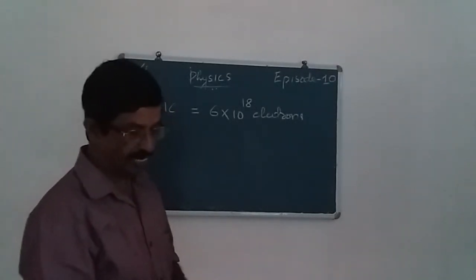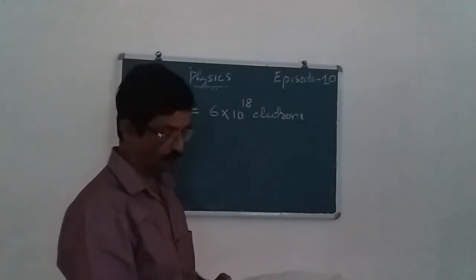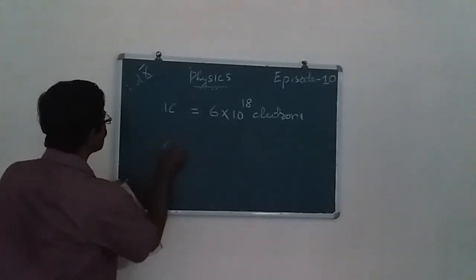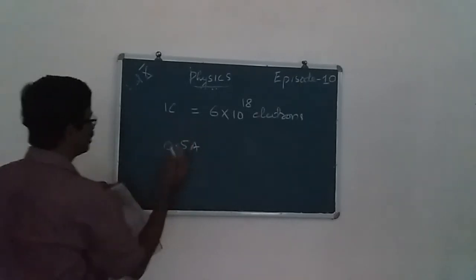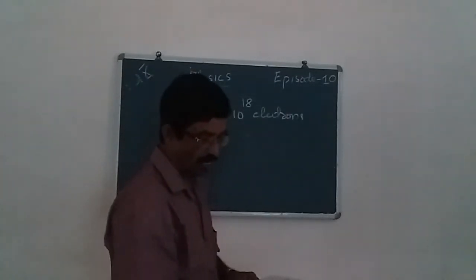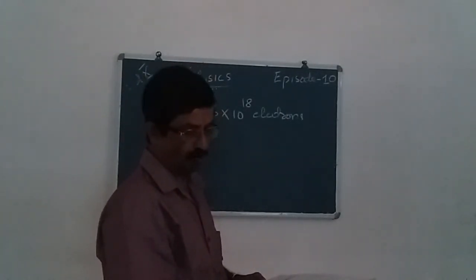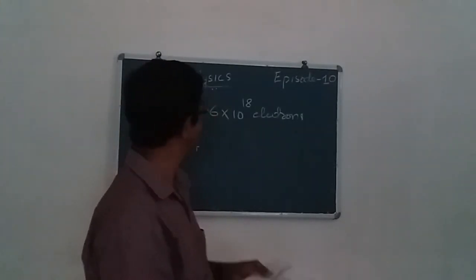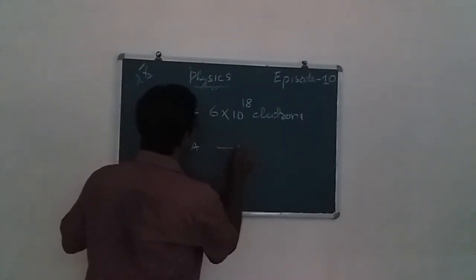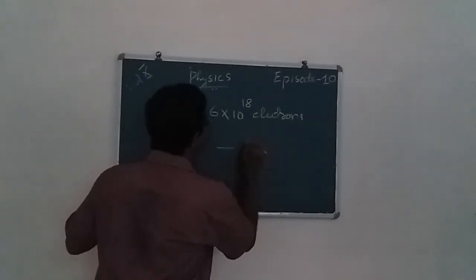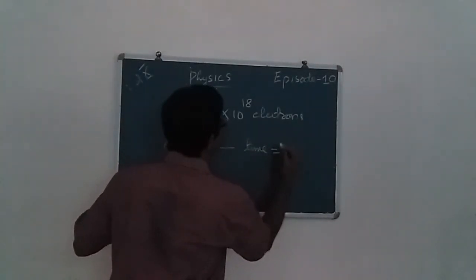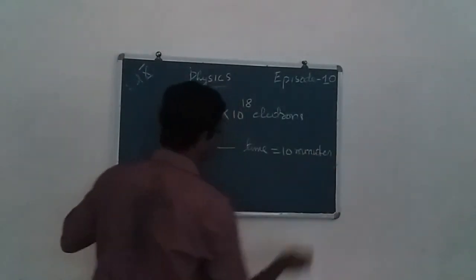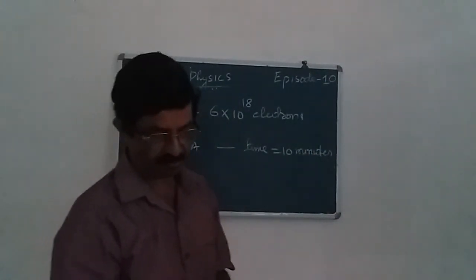And another question: a current of 0.5 ampere is drawn by a filament of an electric bulb for 10 minutes.